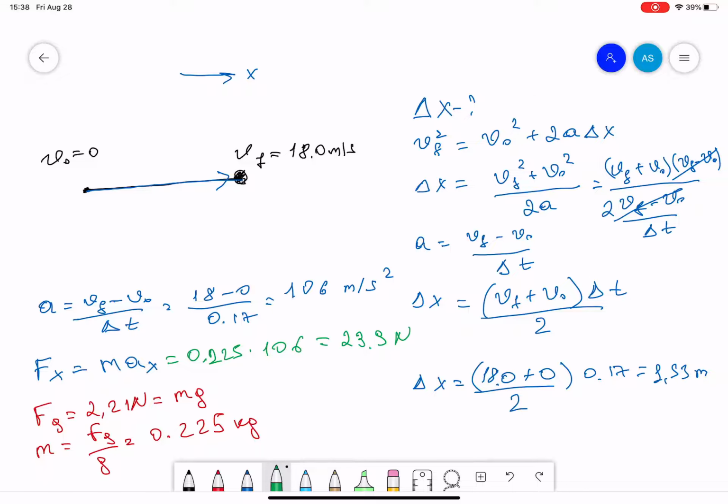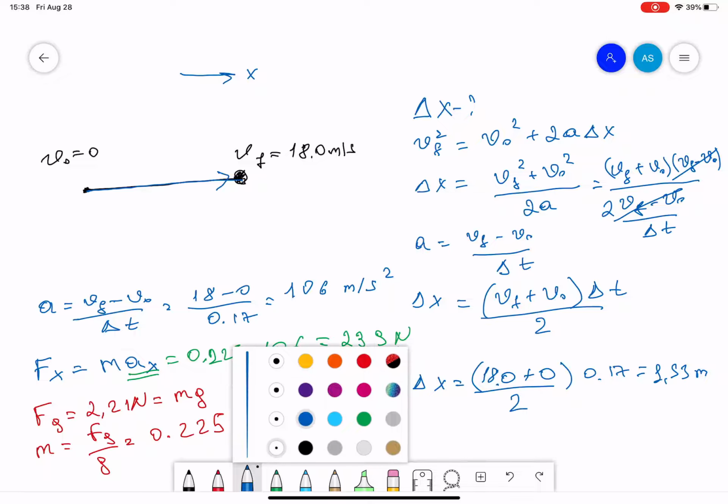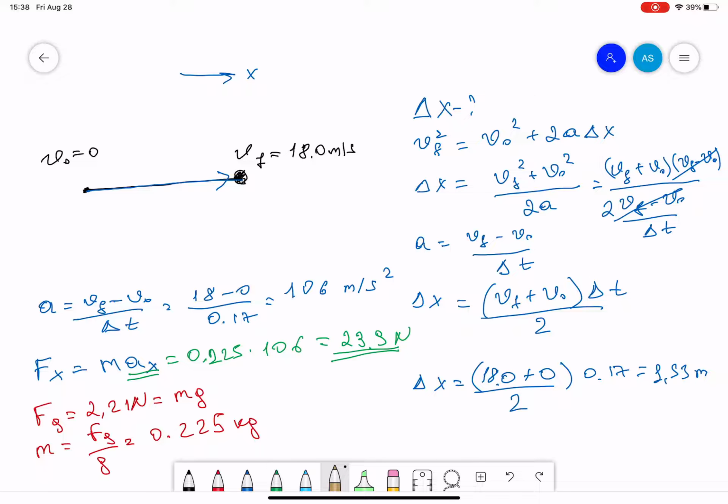Now, what is the magnitude and direction of the force the pitcher exerts on the ball? If the ball is moving horizontally with the force Fx, which is equal to this one, and our ax is also found, now you have to exert a force on the ball in such a way that your resultant force will make sure that it's flying in the positive x direction.